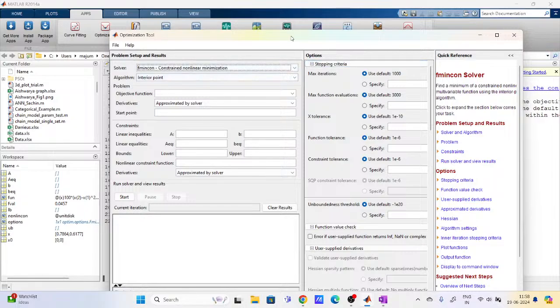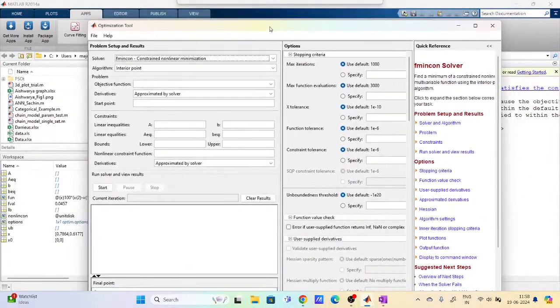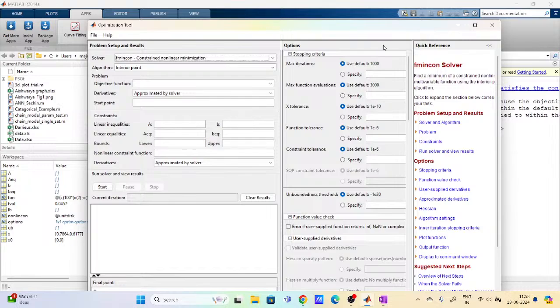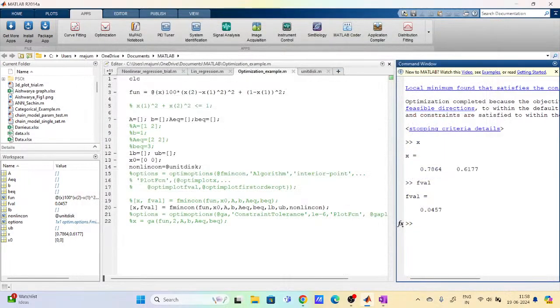Another thing I need to show you is the optimization toolbox in MATLAB. You don't need to write any code.